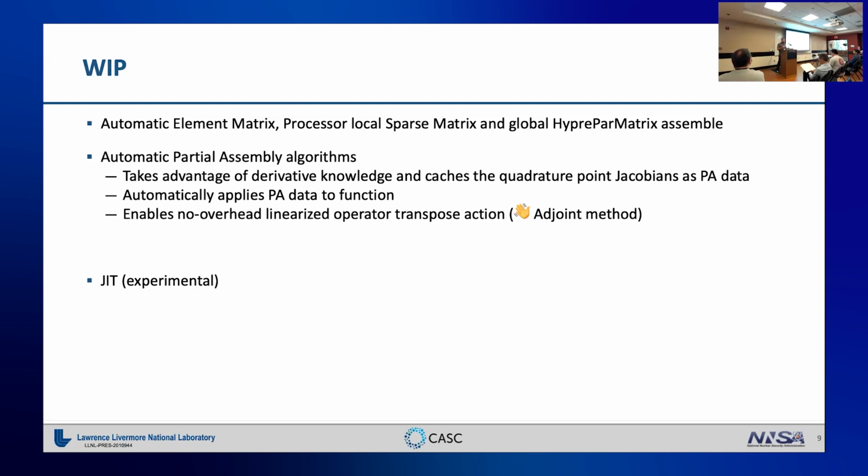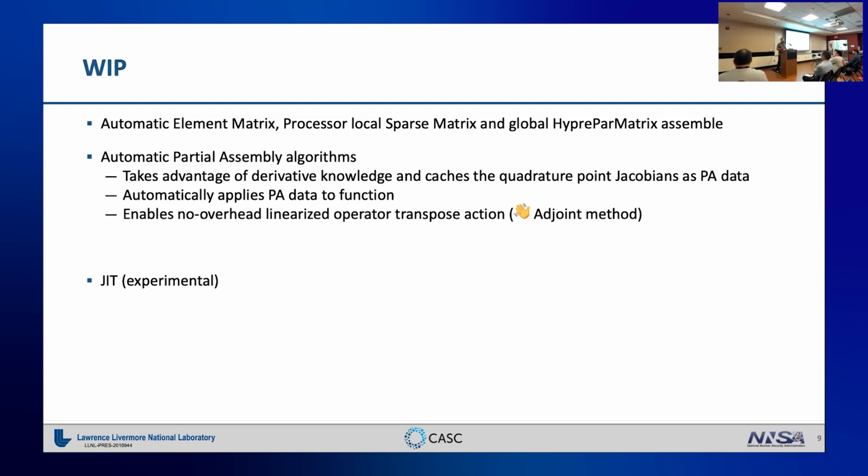Partial assembly, in the regular integrators, would require you to write the algorithm in that way, right? What this approach does is it assumes an optimal way to cache the partial assembly data and then applies it as an action.